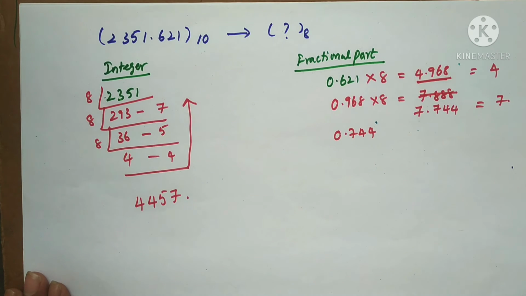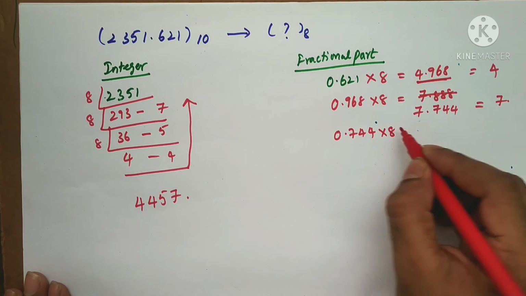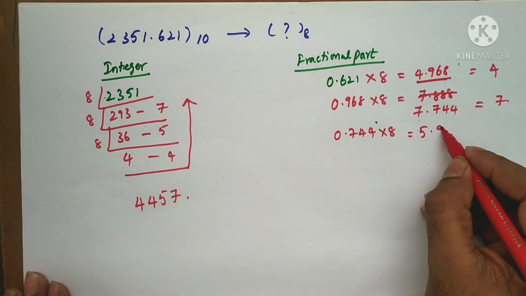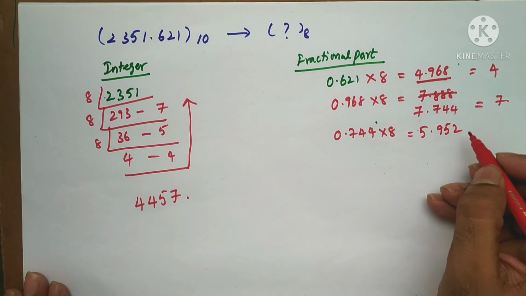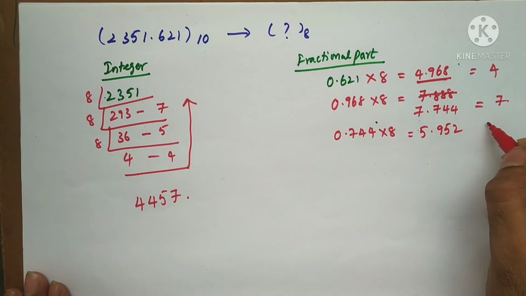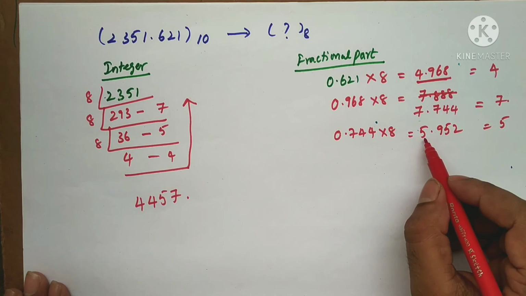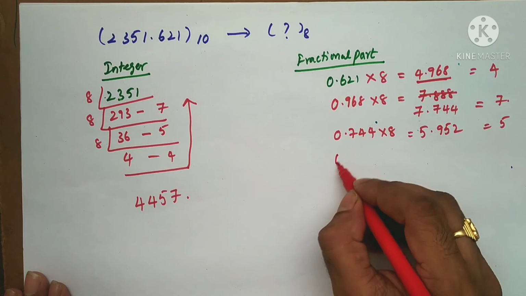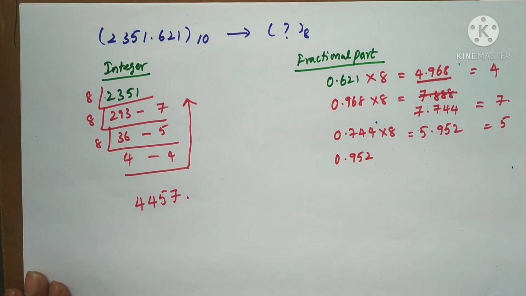Again multiply this number with 8. You will get 5.952. From this number take out the integer part, 5, and write down the fractional part 0.952. Again multiply with 8.